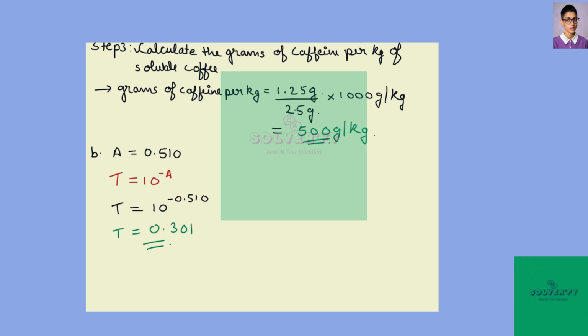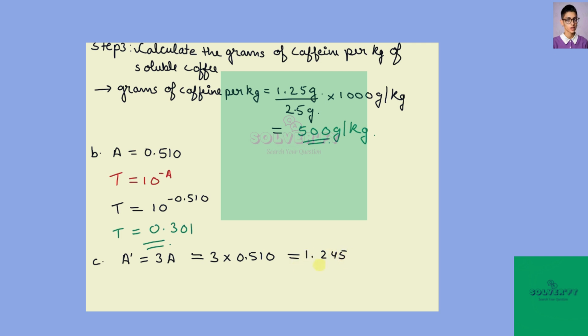Now let's see the third part of the question, which is to calculate the transmittance of light when the new absorbance is 3 times the previous absorbance. So let's calculate A dash over here. It will be 3 into 0.510, which is equal to 1.245.